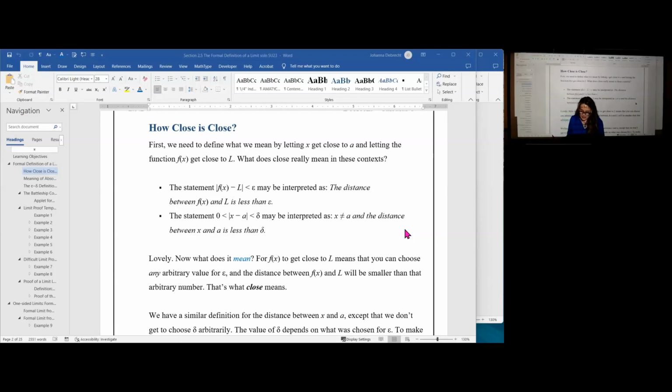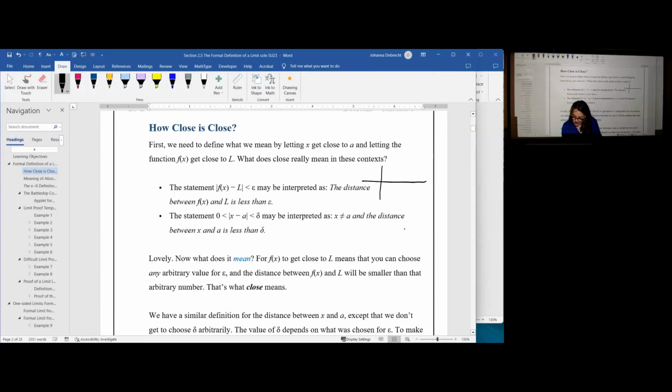If we say it's less than epsilon, then we mean that the distance between the y value on the function, let's say right here, this is my f of x, and the distance that is from L, which is right here, has to be smaller than some epsilon value.